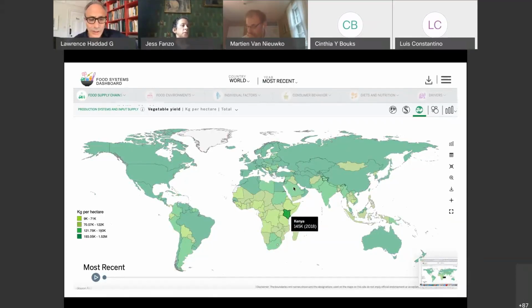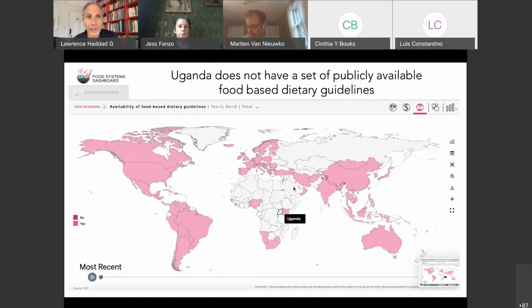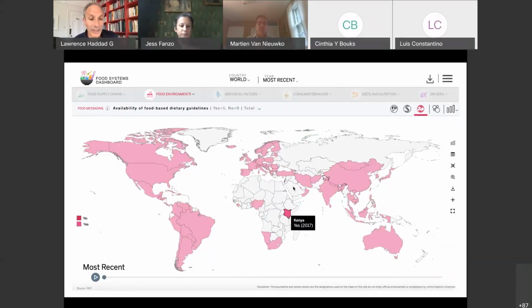In addition, so that's the supply side. On the demand side, Uganda just doesn't have a set of publicly available food-based dietary guidelines. Kenya does, and in those guidelines, it strongly urges the population to consume more vegetables.